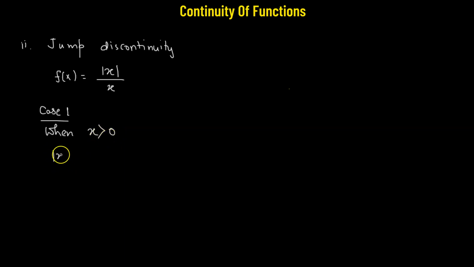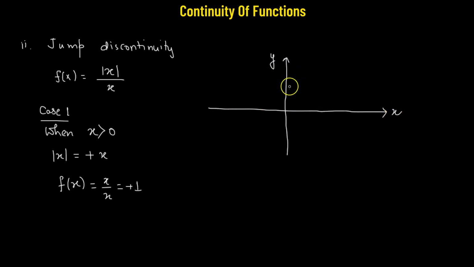In that case, the absolute value of x becomes positive x, and f of x is x over x, which is positive 1. If we plot the graph, this is the origin, and for the positive x values, it has a value of plus 1.